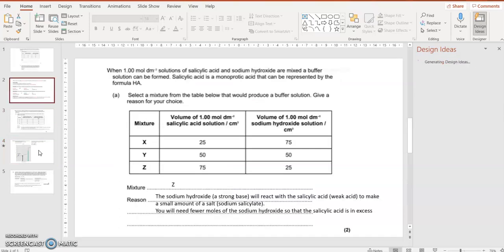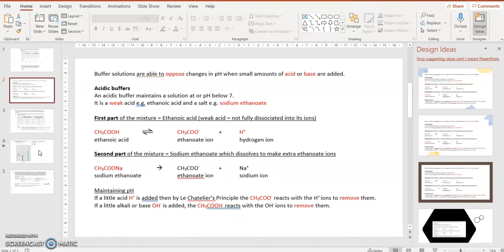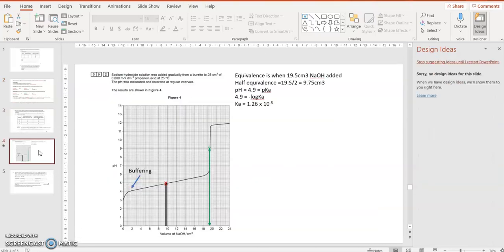It's just like there, where I've got ethanoic acid and I'm adding sodium hydroxide to make some of the ethanoate ions. I've got exactly the same thing here, except I've got propanoic acid, so it wouldn't make ethanoate ions, it would make propanoate ions, but the same thing's happening.